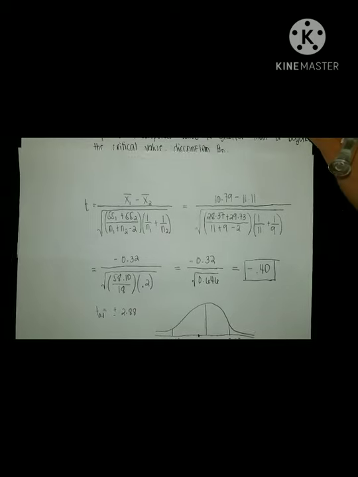Then let us now make our conclusion. Since the t computed value of negative 0.40 is within the critical value of negative 2.88 and positive 2.88 at 0.01 level of significance with 18 degrees of freedom, the null hypothesis is accepted.